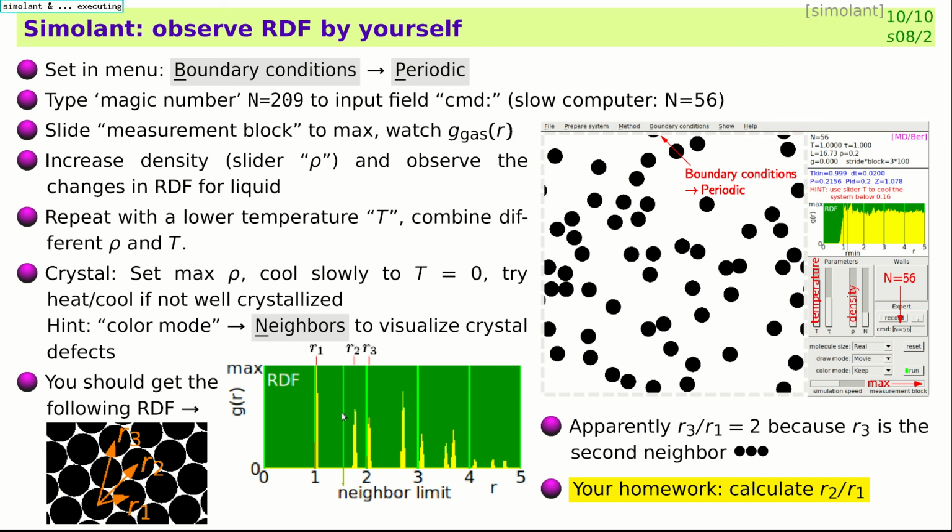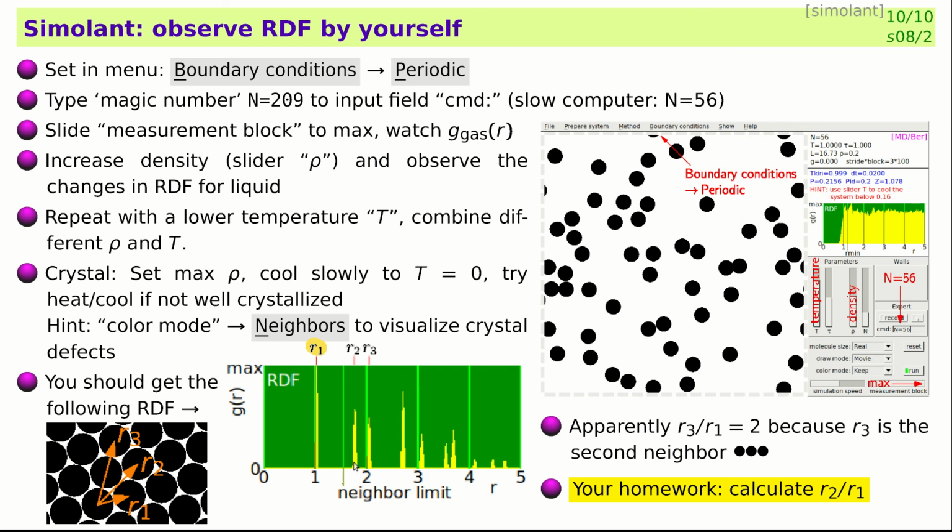And what is the interpretation? Of course, R1, the closest distance, corresponds to the nearest neighbors. The distance is a bit more than 1 for the given density, because 1 corresponds to the size of these disks.